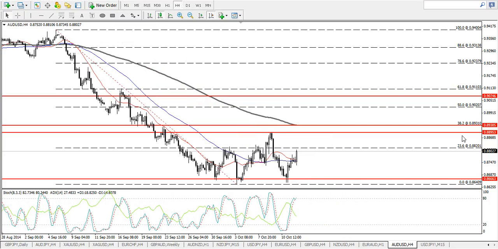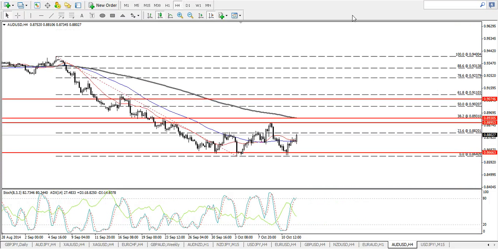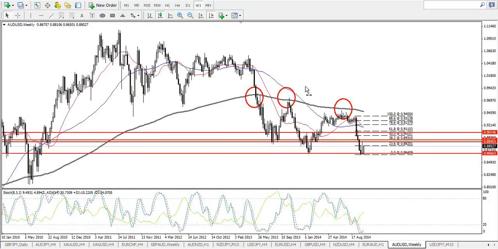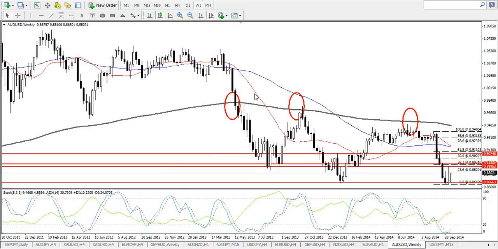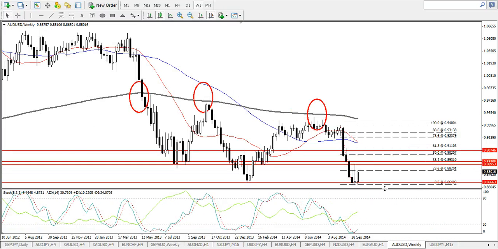Okay, so if price were to break lower, well, we'll see about that. I'll touch on it again when price begins to fall and continue the trend of a falling trend.